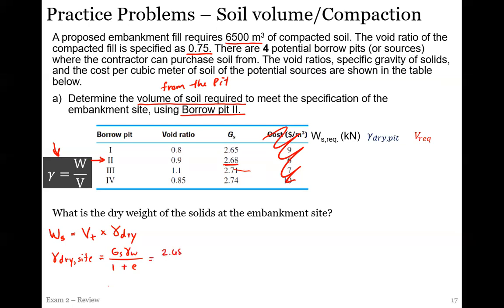This is equal to 2.8 times our unit weight of water in this unit, which is not 62.4, it is 9.81 kilonewtons per cubic meter, then divided by 1 plus our void ratio. At our project site, our void ratio is 0.75. So this means the required density at our embankment site is 15.02 kilonewtons per cubic meter.